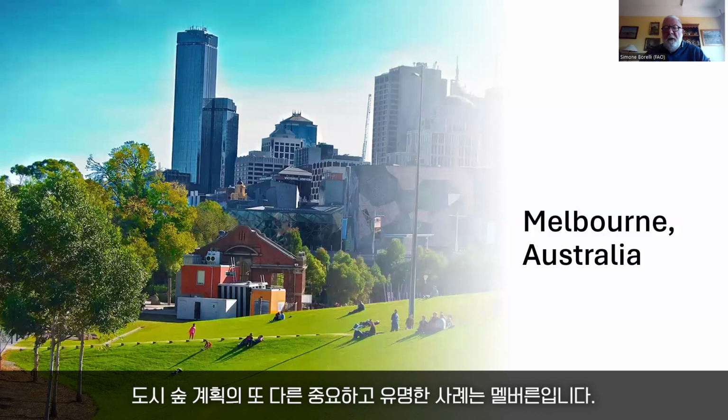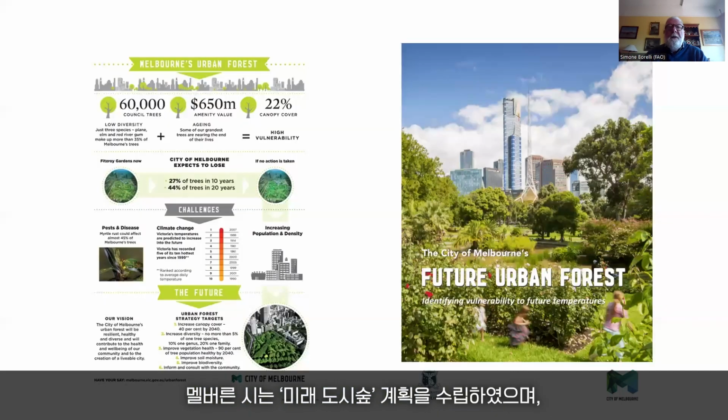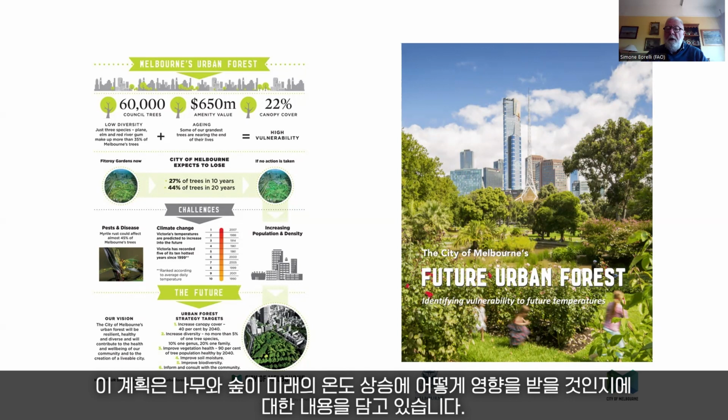Another seminal or famous example of urban forestry planning is Melbourne in Australia. There, they have developed a plan for the future urban forests, and basically looking at how trees and forests will become affected by future temperatures.